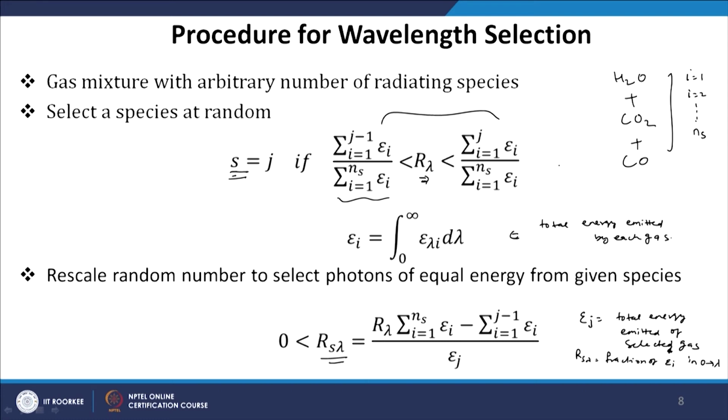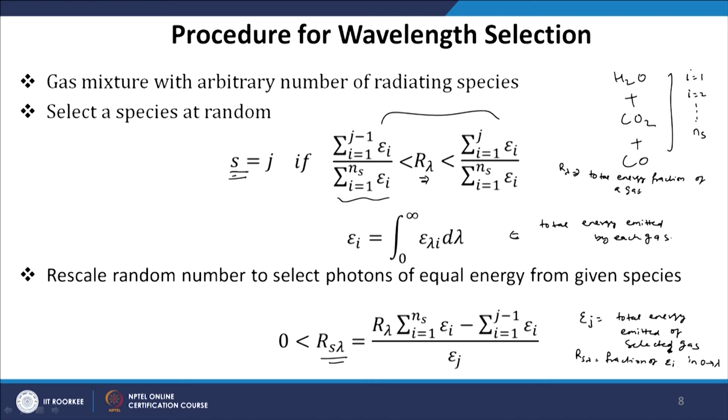R lambda is the total energy fraction of a gas. So, first we compared the energy of different gases with the total amount of energy emitted, and now we rescale the random number R lambda to find out how much energy for a given gas is emitted in the wavelength range 0 to lambda.